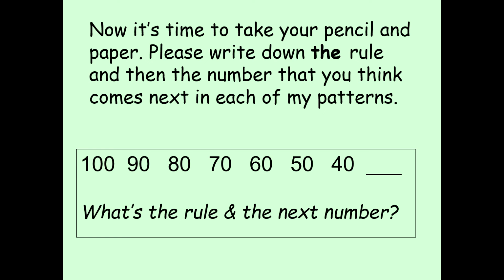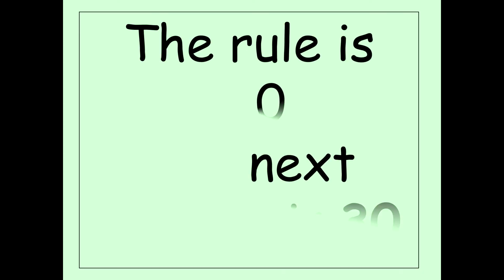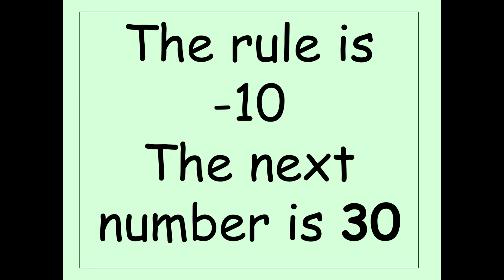So what would be the rule and the next number in our number pattern? 5 seconds to answer. 5, 4, 3, 2, 1. That's right, the rule is -10. So the next number would be 30.